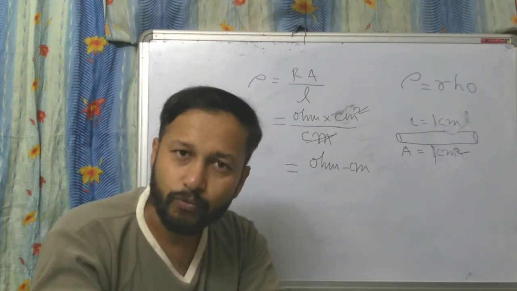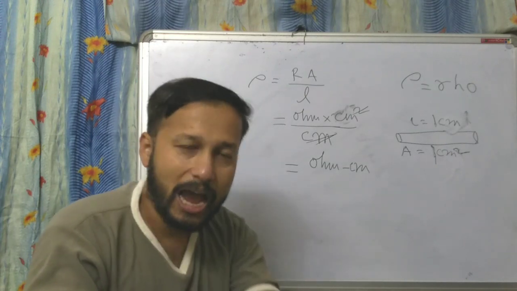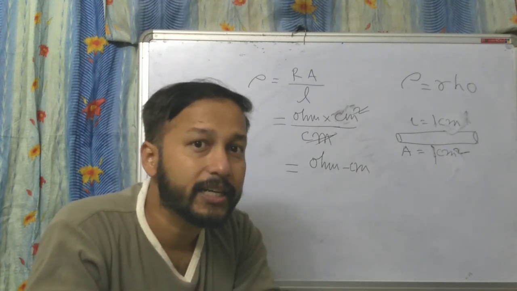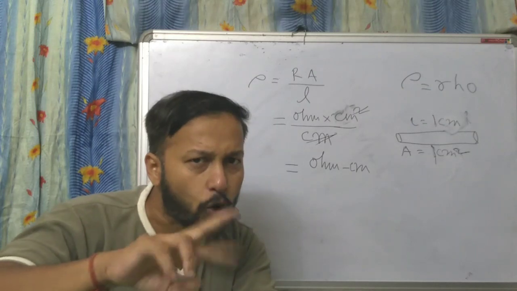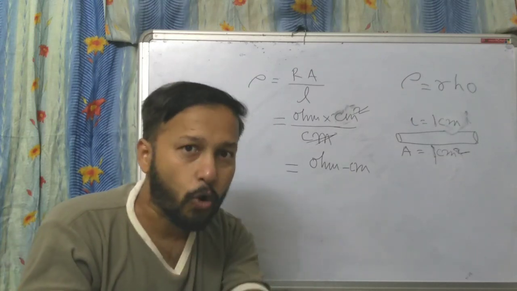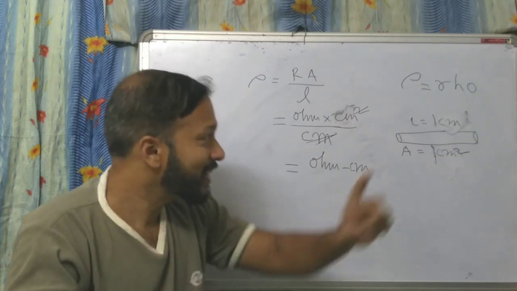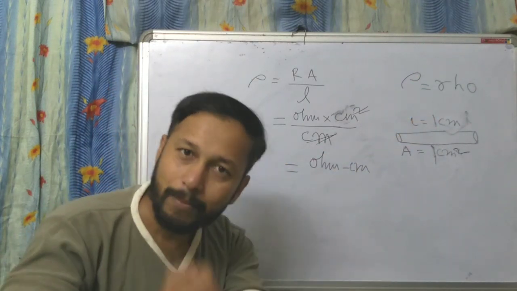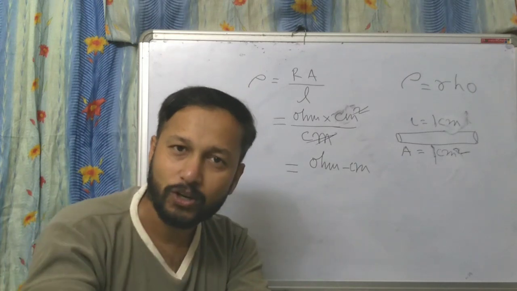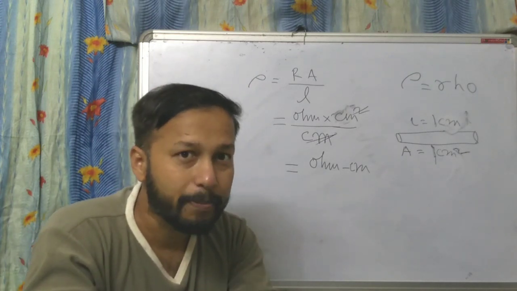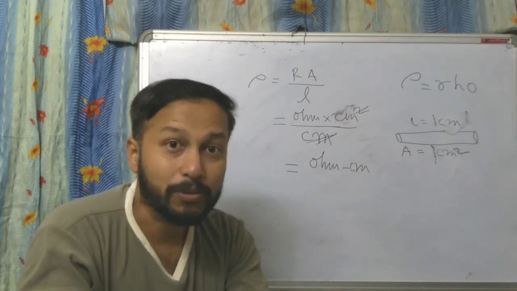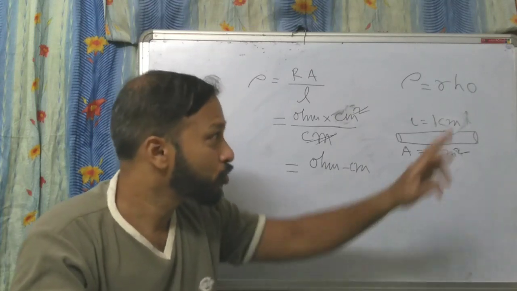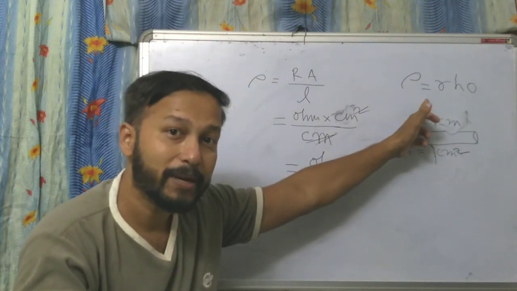You have selected a wire of length 1 meter. I have selected a wire of length 10 meter. But both are copper wire. Since both are copper wire, their specific resistance will be same. Because I am also using copper wire, you are also using copper wire. Since both the wires are made up of copper, means materials are same, so the specific resistance will be same.